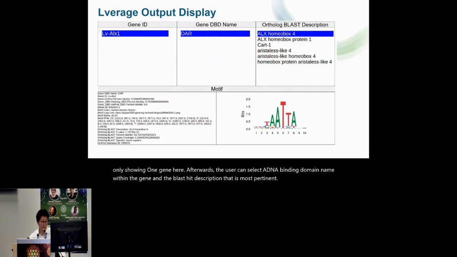At the bottom half of the interface, it displays detailed information about the specific hit, allowing users to trace the gene or protein back using NCBI or UniProt databases. Finally, the interface also plots the motif logo on the right-hand side.